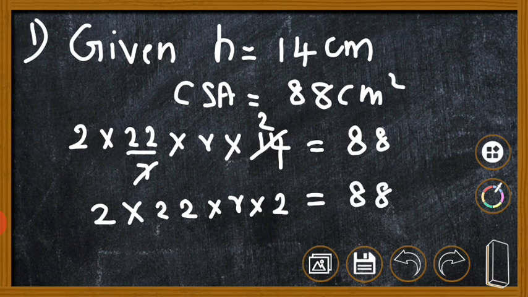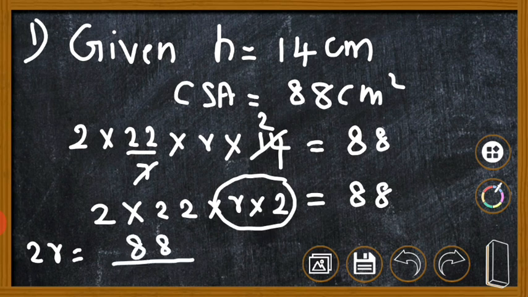Actually, what we have to calculate is the diameter. Diameter meaning 2r. 2r we have to calculate. So other numbers we can transpose to the right side. 2r is equal to 88 by 2 into 22, which is 44. When you transpose 44 to the right side, it becomes divided by 44.